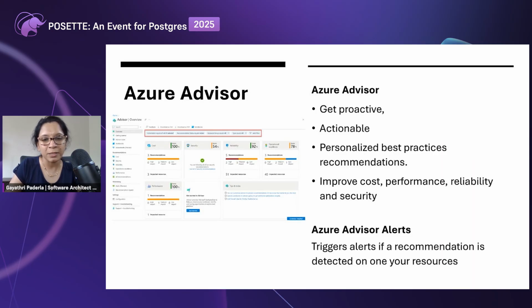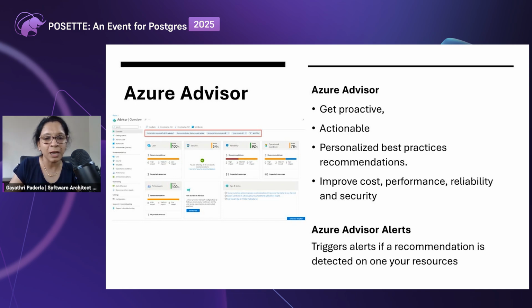Azure Advisor is a digital cloud interface which analyzes your resource configuration and your usage telemetry, and proactively comes up with a tailored set of recommended actions to improve the cost efficiency, performance, reliability, and security of your Azure resources.